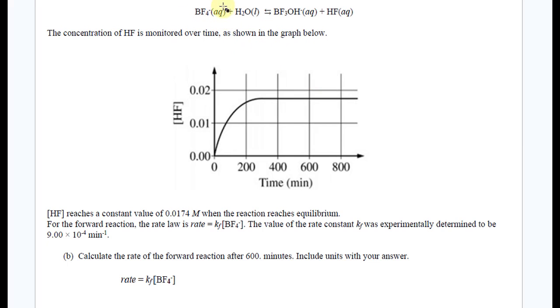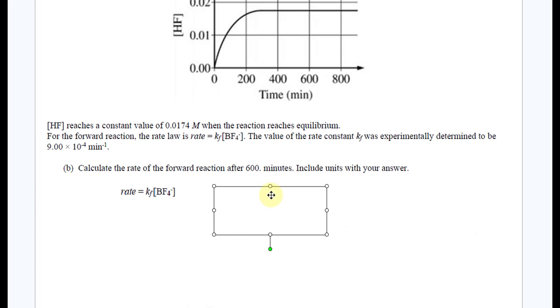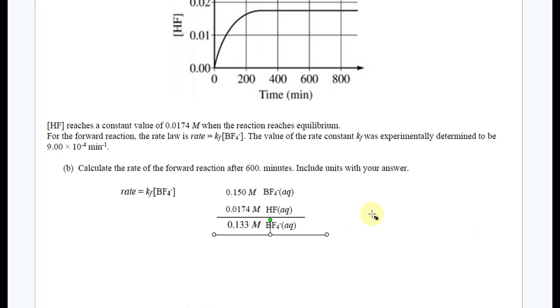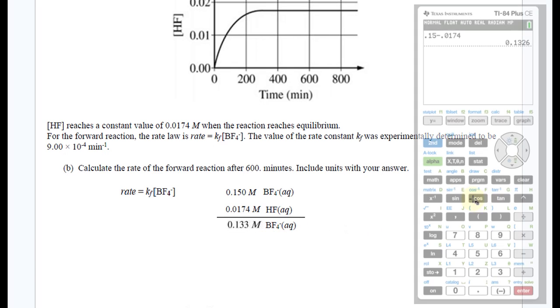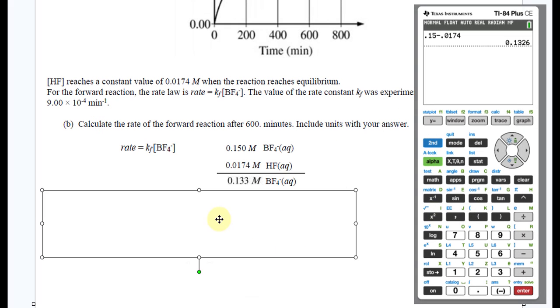Well, the tetrafluoroborate turns into HF 1:1. So if you're clever, you can use that to find the concentration of the tetrafluoroborate at 600 minutes. You started with 0.15 molar. I got the 0.0174 made, so I've got to have that much tetrafluoroborate used up, leaving 0.133. Now, if that doesn't make sense to you, then an ice chart would be warranted.